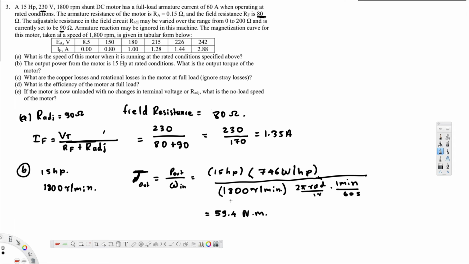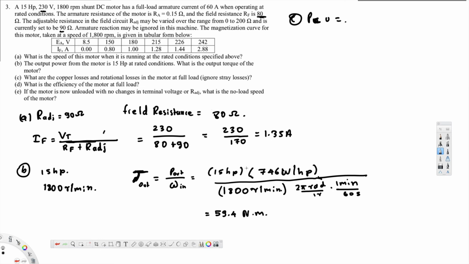Okay, now the third part is asking what are the copper losses and rotational losses in the motor at full load. Here we have 15 horsepower times 746 watts per horsepower.